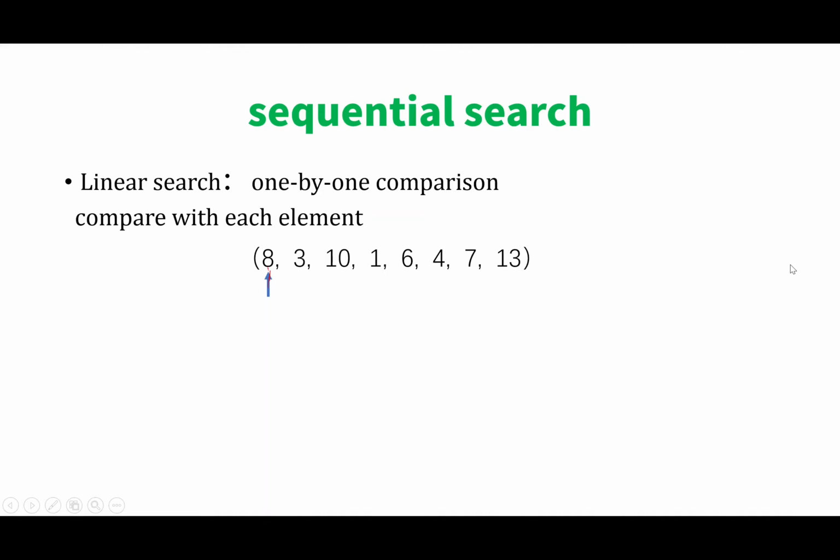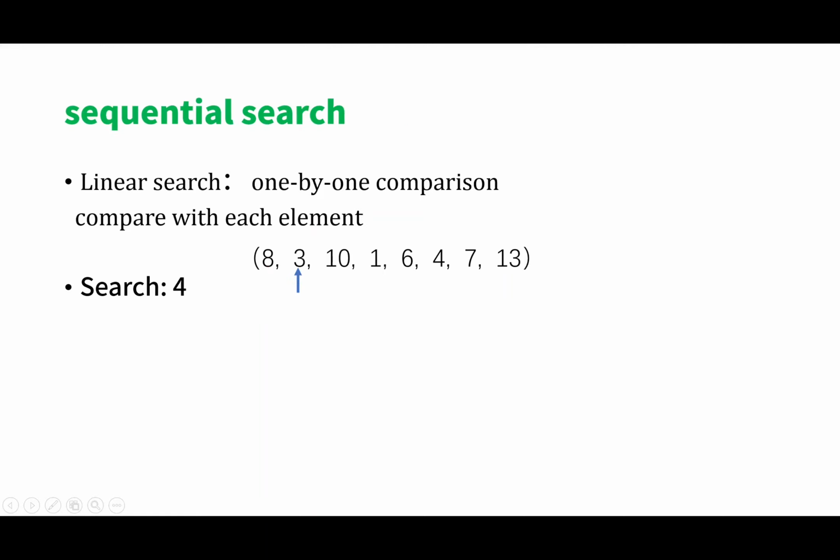this is array of number. If I want to search number 4, I will compare 4 with every element in the sequence. First compare with the first element, then second, then the 3, 4, 5, 6.